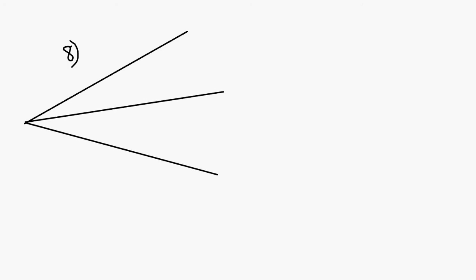Number 8. You got ABC. And this is O. The vertex is at O. Okay, look, it says if angle AOC, the big angle, this right here, is 85 degrees.